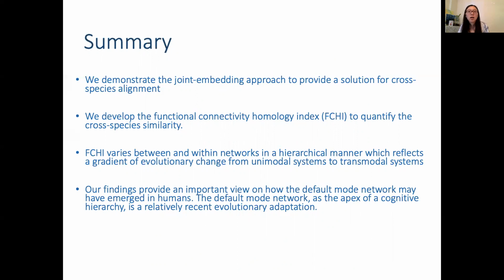In addition, our findings provide an important view on how the default network may have emerged in humans. The default network, as the apex of cognitive hierarchy, is a relatively recent evolutionary adaptation.